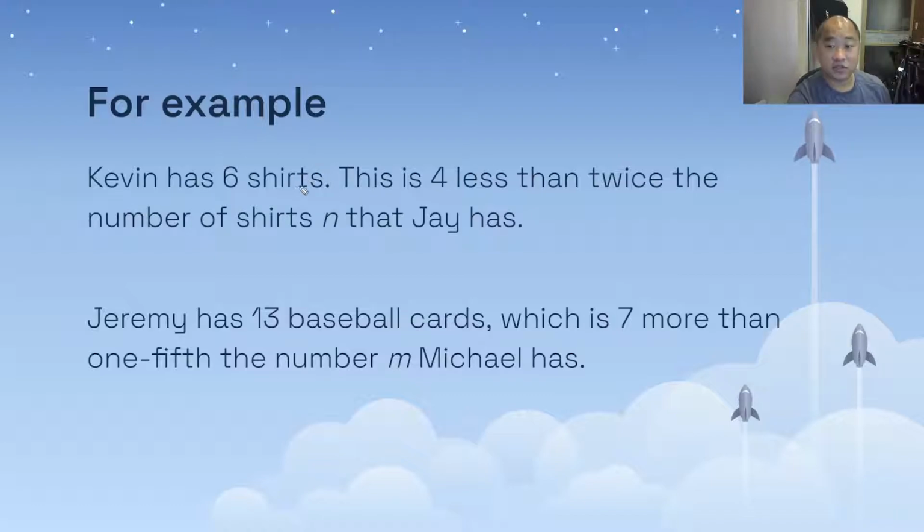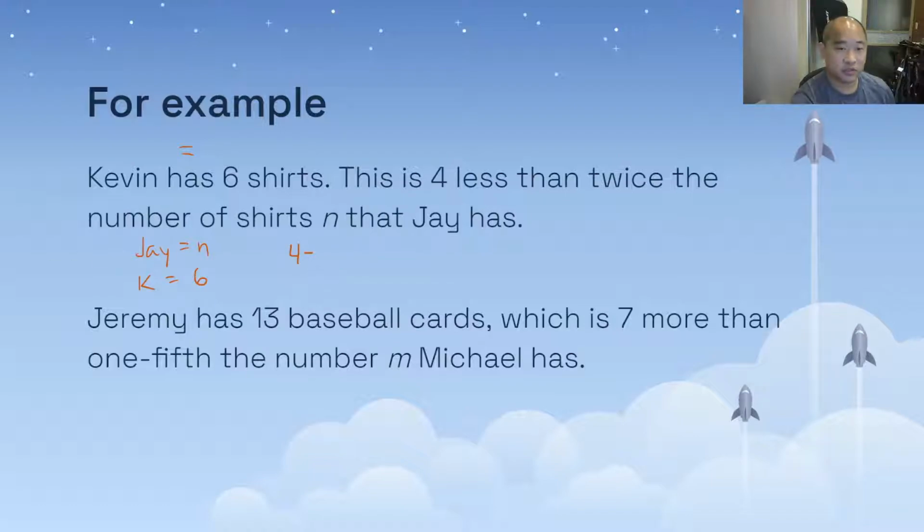Kevin has 6 shirts. This is 4 less than twice the number of shirts N that J has. So Kevin has 6. This is 4 less than twice the number of shirts N that J has. We don't know how many J has, right? But we do know that J equals N, Kevin equals 6, 4 less than.